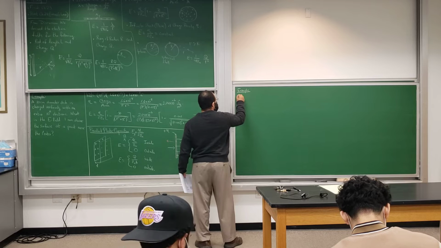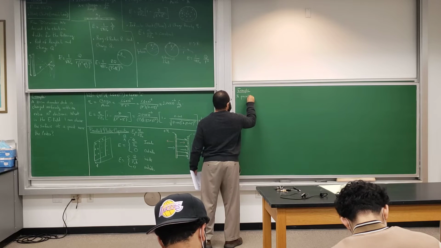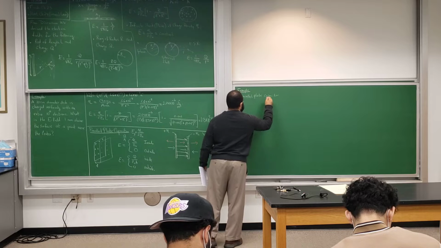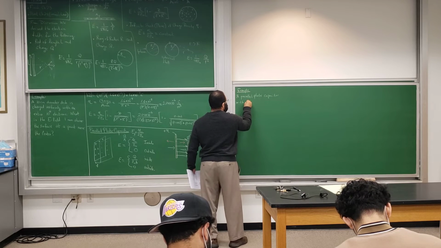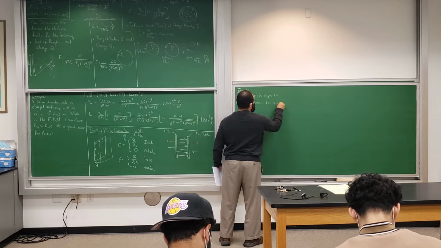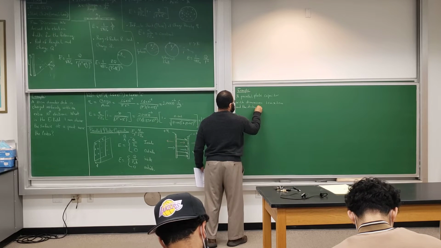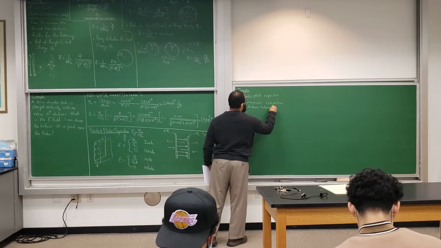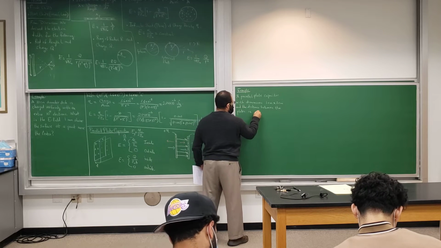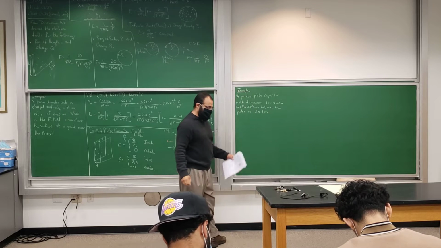So you have a parallel plate capacitor with dimensions 1 centimeter by 2 centimeters, and the distance between the plates is D equals 1 millimeter.